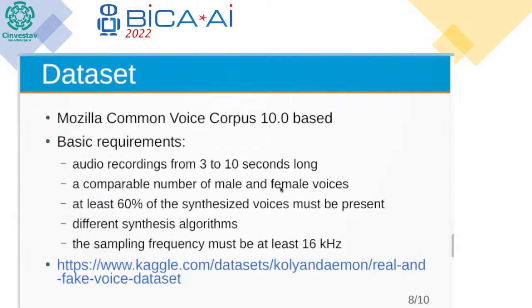It's in MP3 format, but we converted them. And the basic requirements for such a data set are presented here, you can see. And the last link is a link to the data set which we constructed for this neural network.